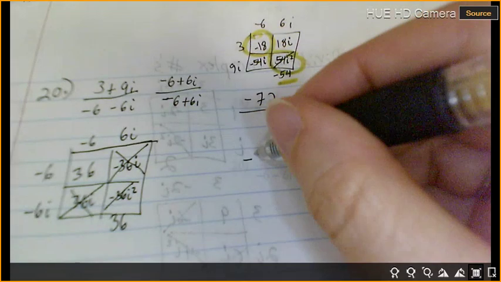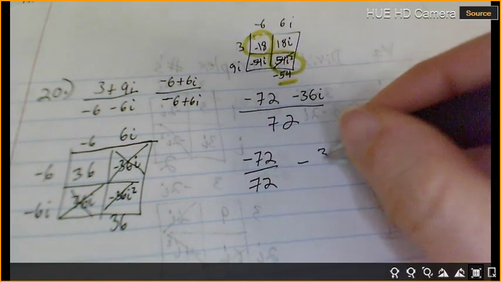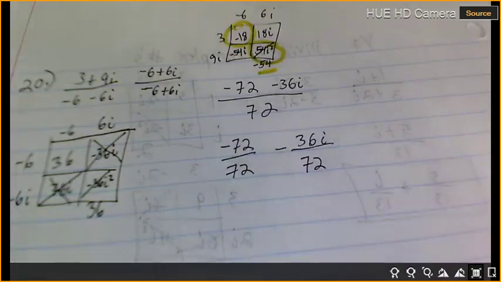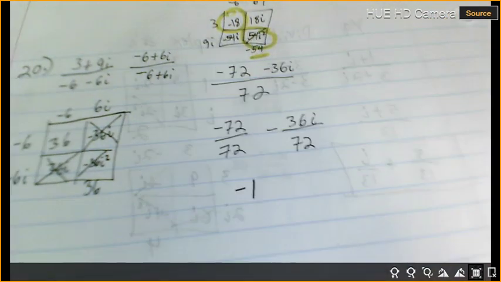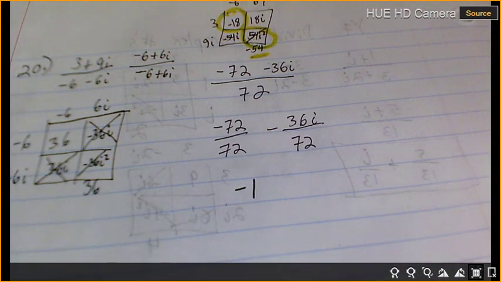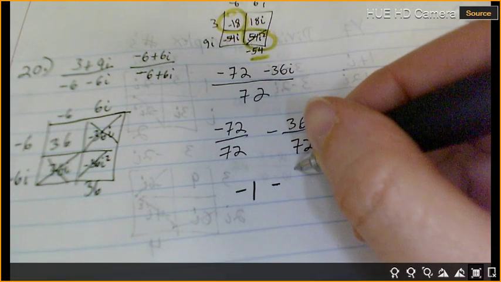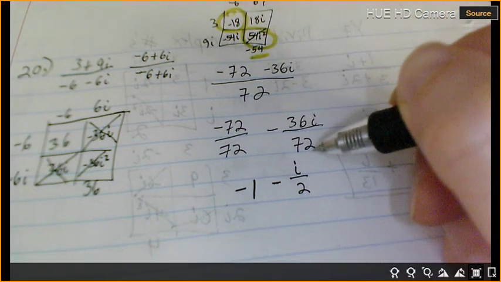So I have negative 72 over 72 minus 36i over 72. 72 divided by 72 is what? Negative 1, right? And then I get negative i over 2, because 36 goes into 36 once, and 36 goes into 72 twice.